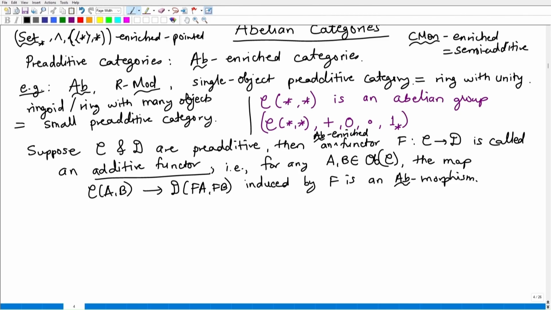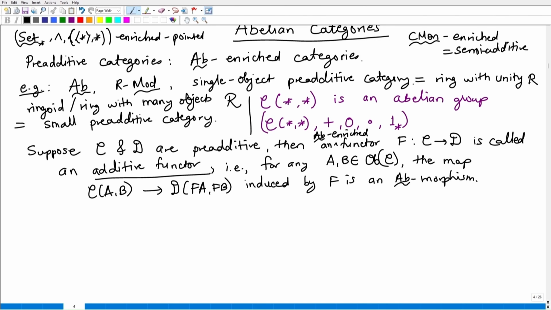Our normal notation for a ring is capital R, and for a ringoid it's a curly R, so usually you can replace capital R with a curly R without any problem.